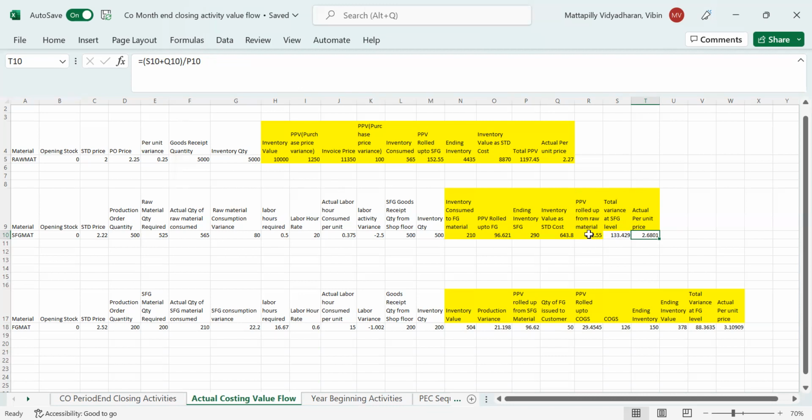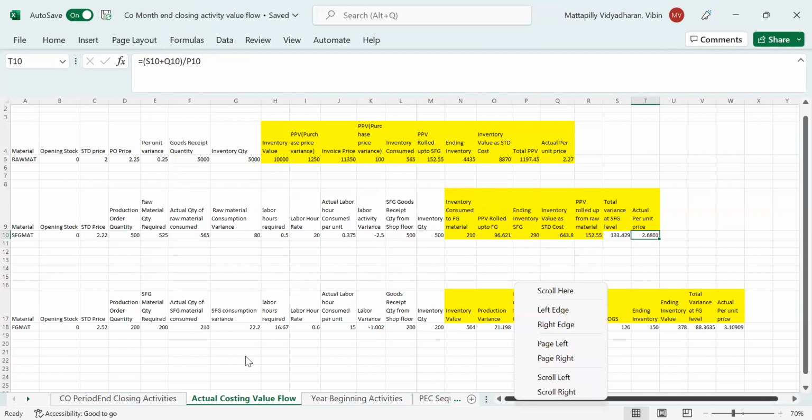Q10 is nothing but the inventory value as per the standard cost of the closing stock, ending stock. So inventory value plus total variance at that SFG level divided by the ending inventory. That means P10. So this is what the actual per unit price is being calculated at the SFG level.